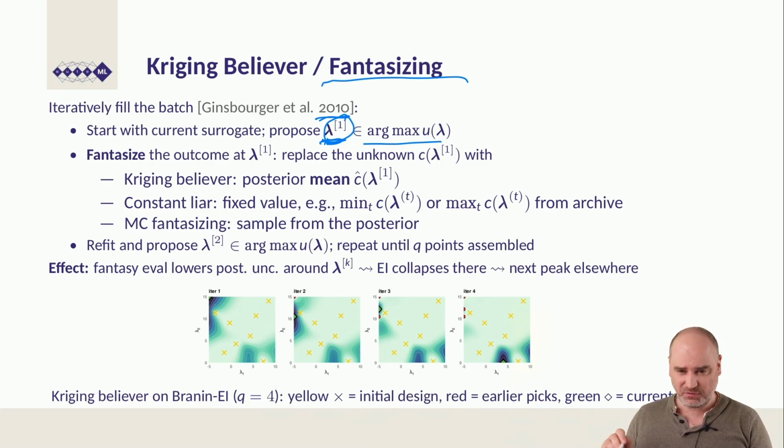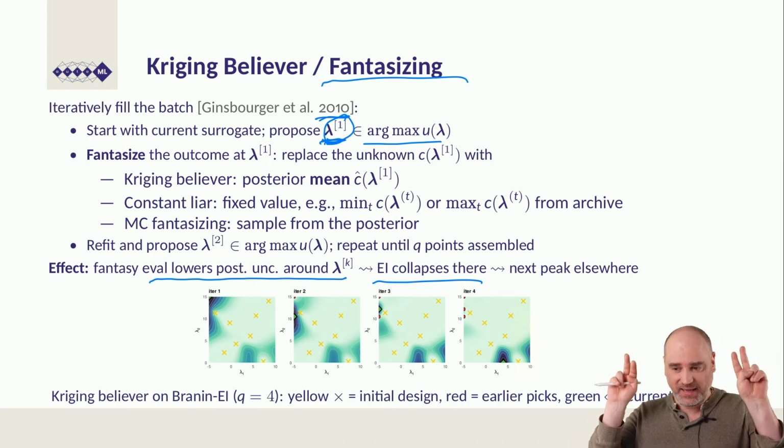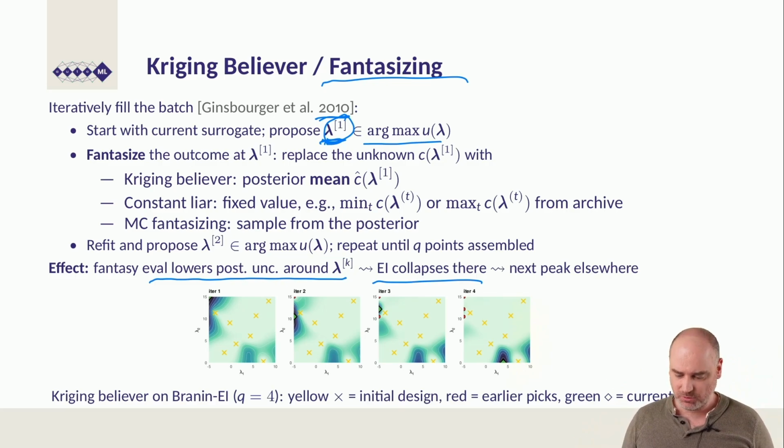And putting in these fake values for these already created elements of the batch lowers the posterior uncertainty around these guys, which means EI collapses there, or any reasonable acquisition function will avoid creating a new point in the vicinity of these already evaluated points. So you are now exploring peaks elsewhere.